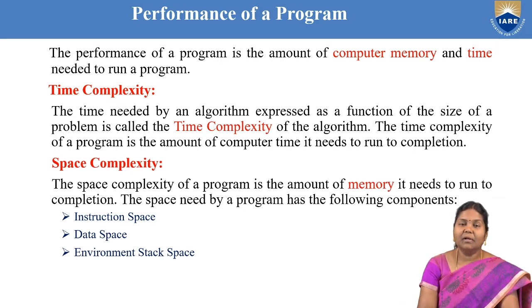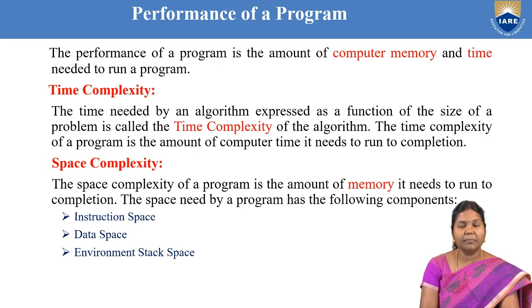Next is space complexity. It is the amount of computer space required for the completion of the algorithm. What are the different types of space requirements for an algorithm? An algorithm contains a number of instructions or statements, so we need some instruction space.